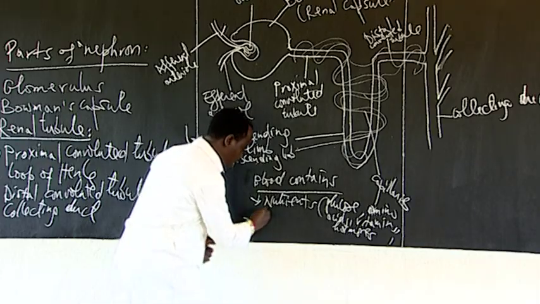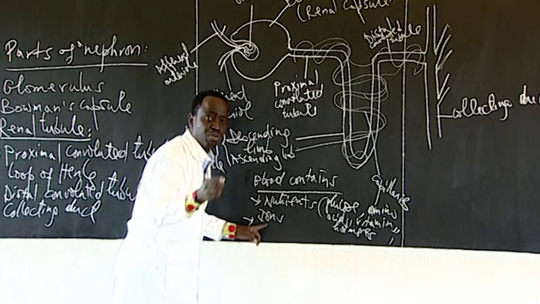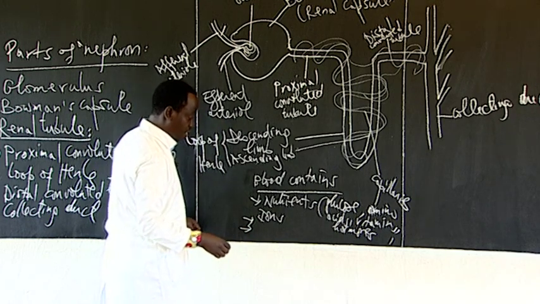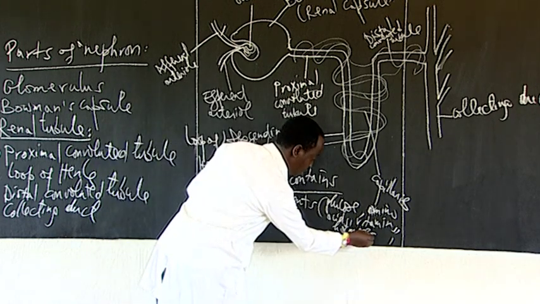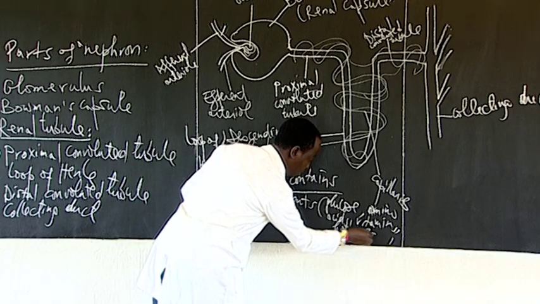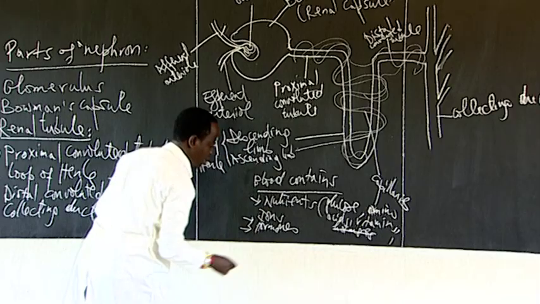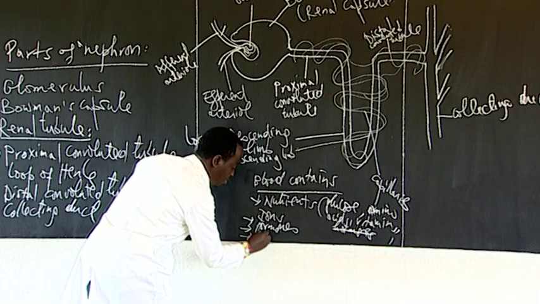It also contains ions, mineral salts. Hormones can be found on the other side, because they are not nutrients. We can also have waste products.